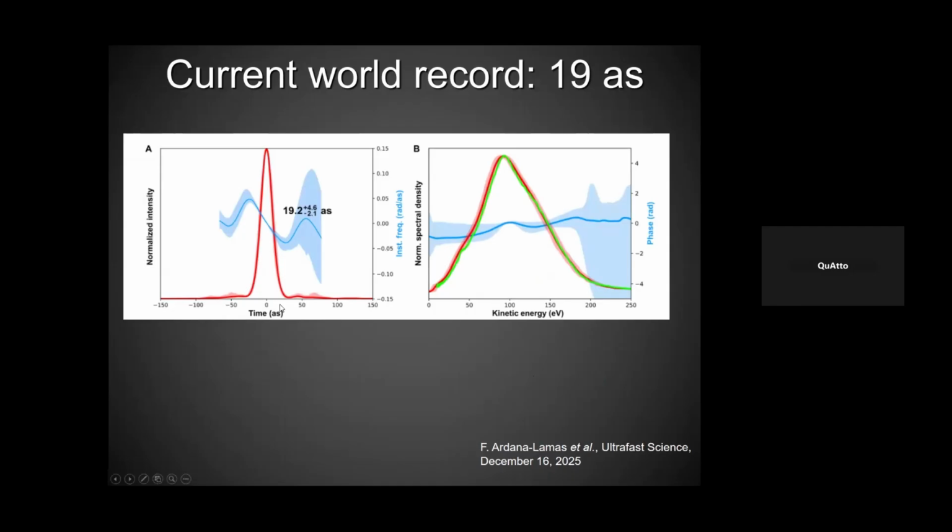And I was discussing before with Pascal, because I think this is the current world record, if I'm not mistaken. Unless there are objections, I don't know. It was published just one month ago, in Science, by Jens Peters, who is also part of the network. That's good.